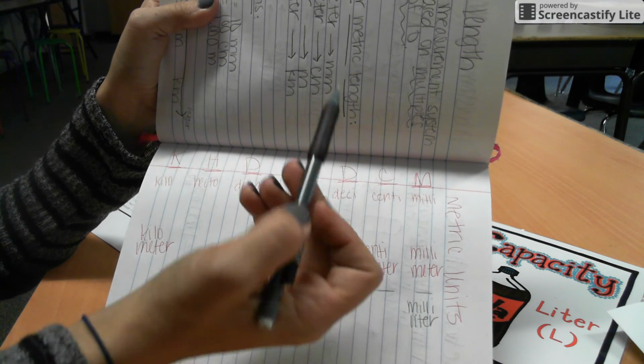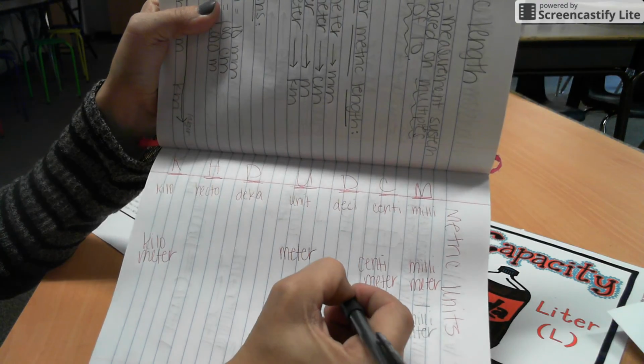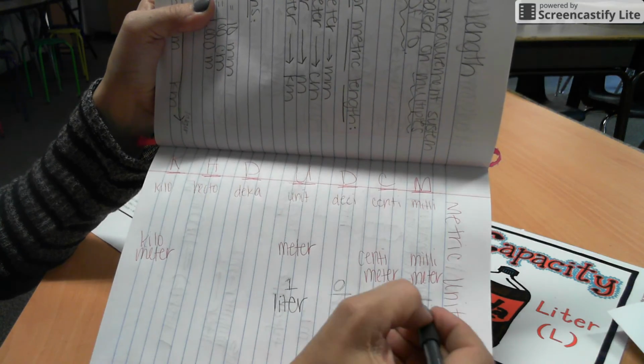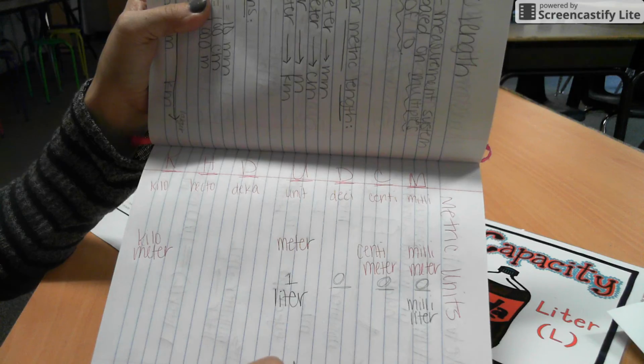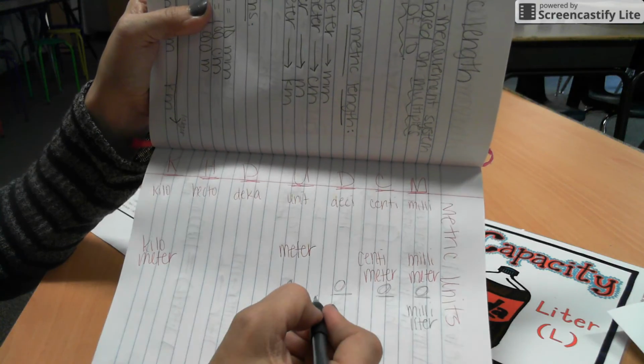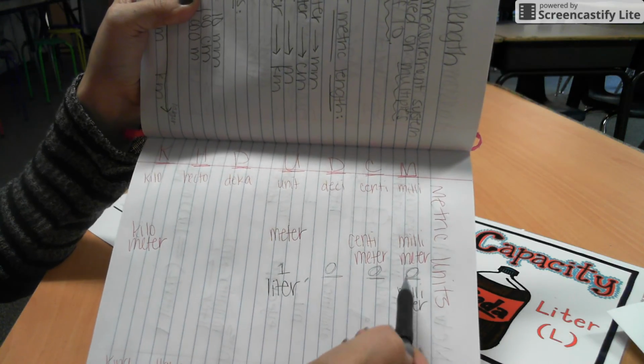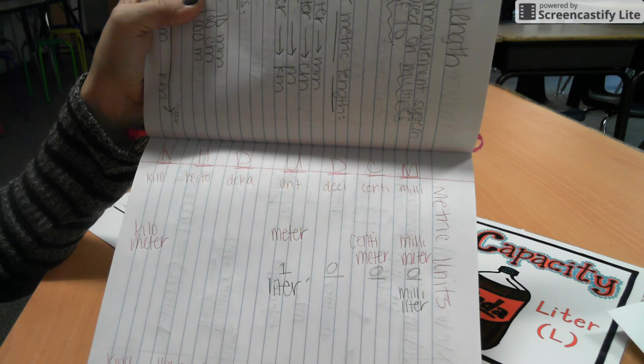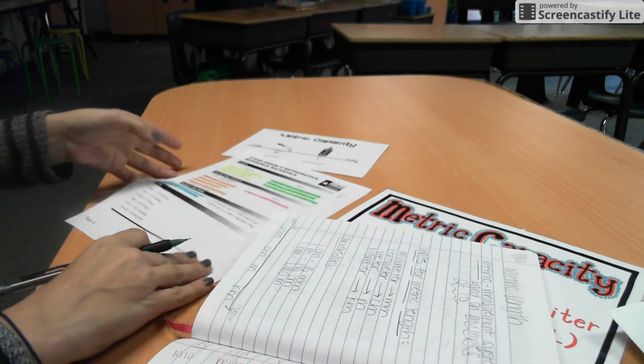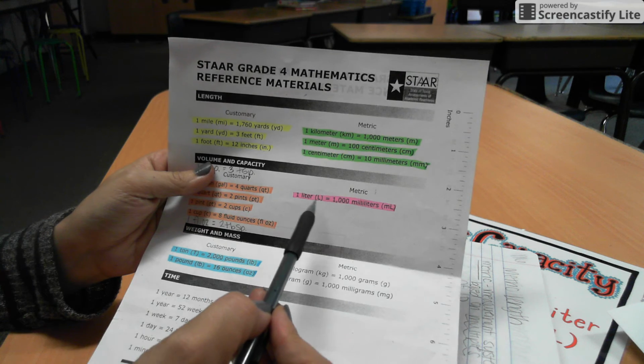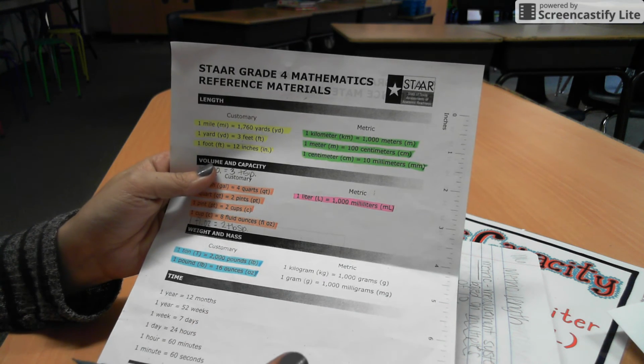And because it's the multiples of 10, I'm just going to fill them in with zeros. So 1 liter equals how many milliliters? 1,000. That's exactly what we said right here. 1 liter equals 1,000 milliliters.